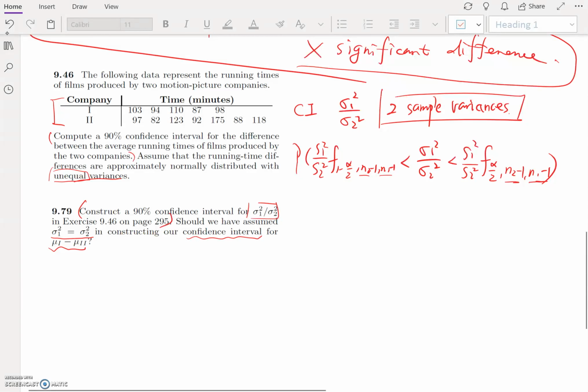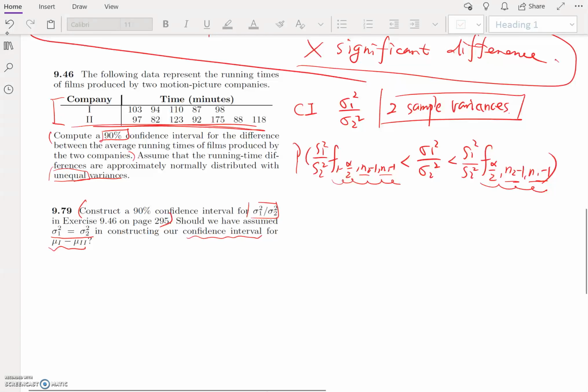Okay, so you can calculate the variance for those two companies with Excel. Through the calculation, we know S1 squared equals 76.3, S2 squared equals 1035.90, and what is left is the F values here and here.